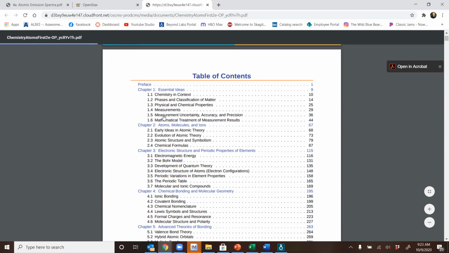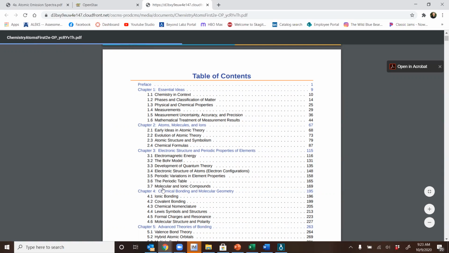Chapter 1 is basic ideas about measurements and uncertainty. Chapter 2, atoms, molecules, and ions, is very similar to what we did for our treatment. And then chapter 3 is the electronic structure of atoms. So in terms of chapter order, this looks more or less identical to the treatment that our textbook has, which means that you should be able to use this textbook and learn the same stuff at the same level.